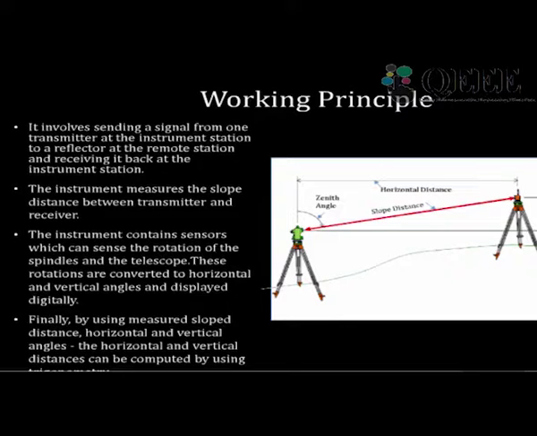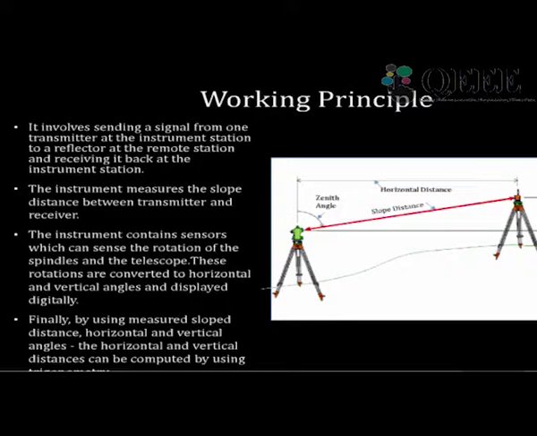The signal travels from your instrument station to your remote station, and based on the reflection, it comes back to the instrument station. The instrument measures the slope distance between the transmitter and the receiver.